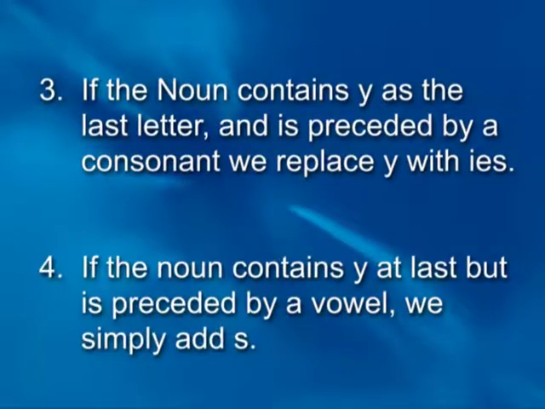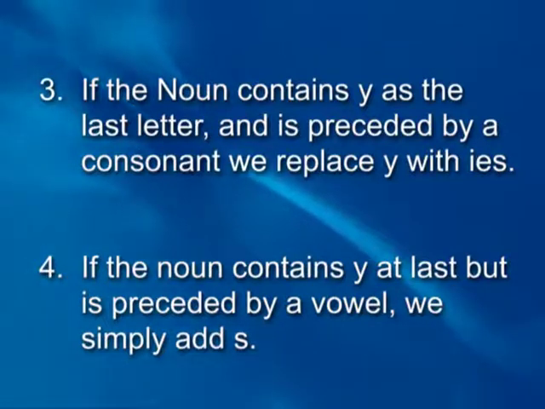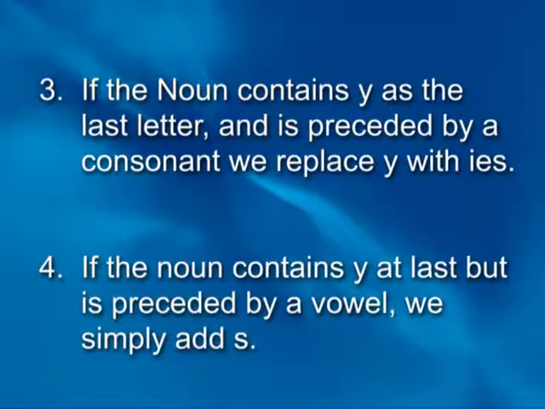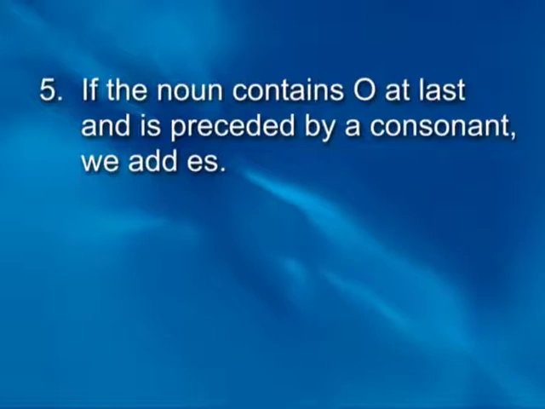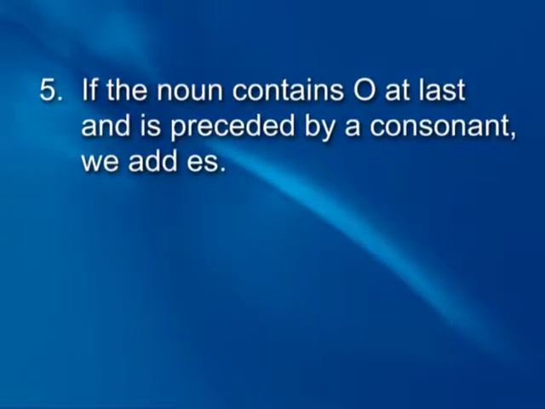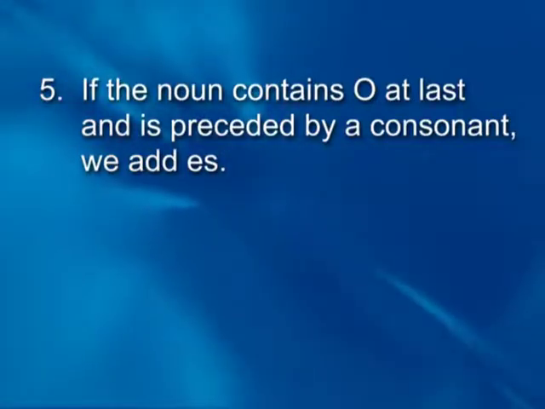Number 4, if the noun contains y at last but is preceded by a vowel, we simply add s. Number 5, if the noun contains o at last and is preceded by a consonant, we add es.